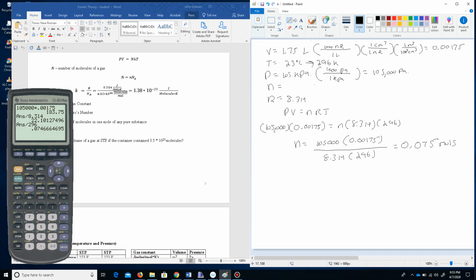As I said before, we could have done this where we changed the volume. So let's say we have 1.75 liters, T is 296 still.